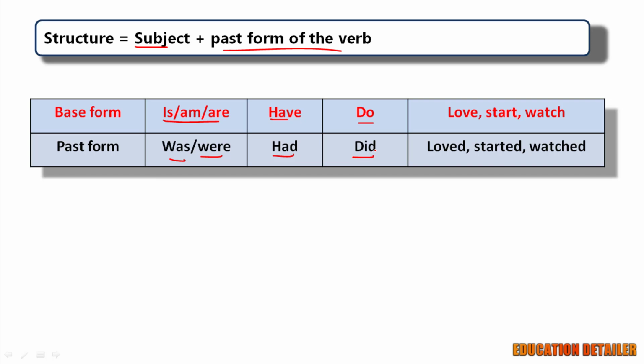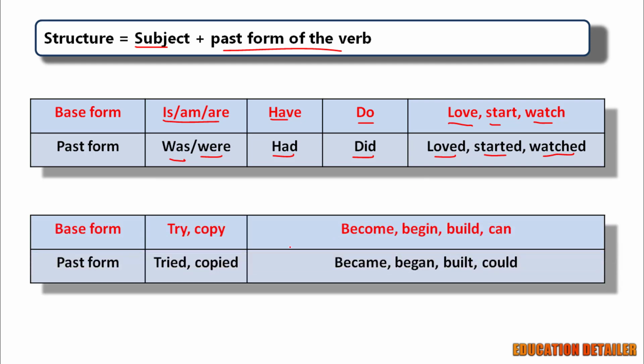The simple past of regular verbs is usually formed by adding d or ed at the end of the verb. For example, love, loved, start, started, watch, watched. And when the verb ends with y, and before that there is a consonant, we just add ied by replacing y. Try, tried, copy, copied, and many more.